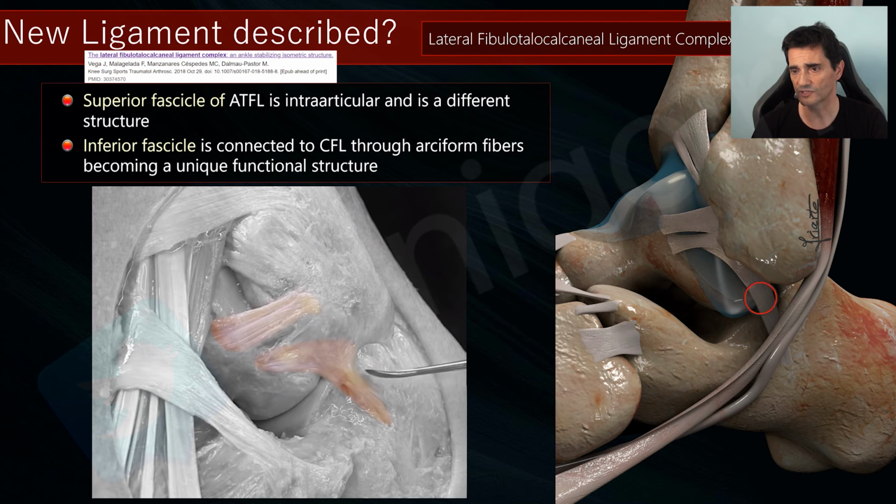Okay, these anatomists tell us that there is a complex. There are not two ligaments, but a complex called the lateral fibulo-talocalcaneal ligament complex, because there are some arciform fibers joining these two fascicles, the two components, and these two ligaments act as a unique ligament. Okay, and it's extra-articular.